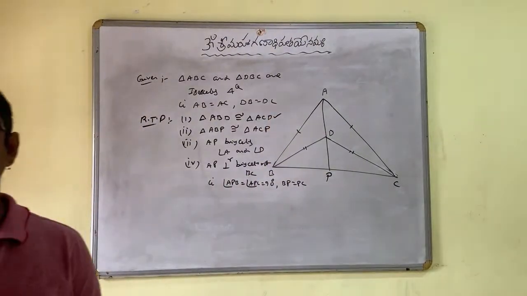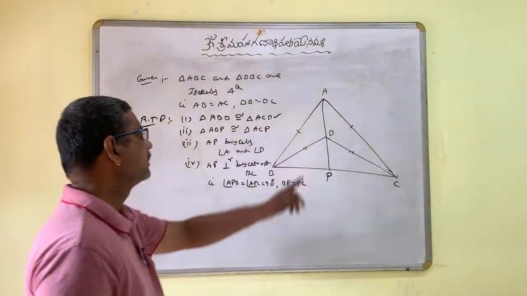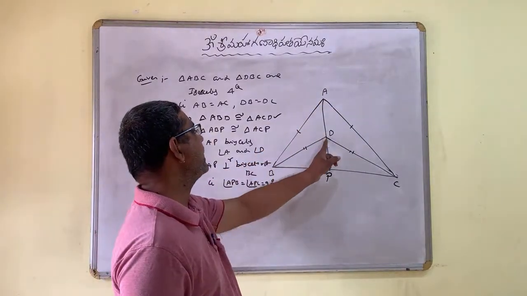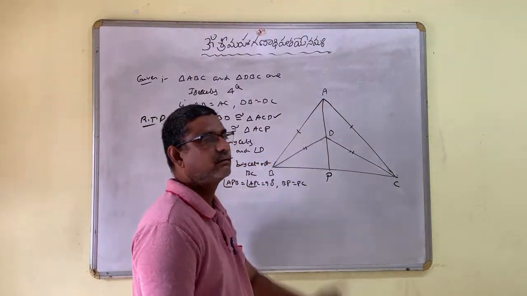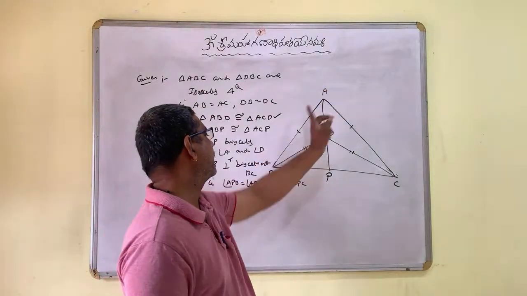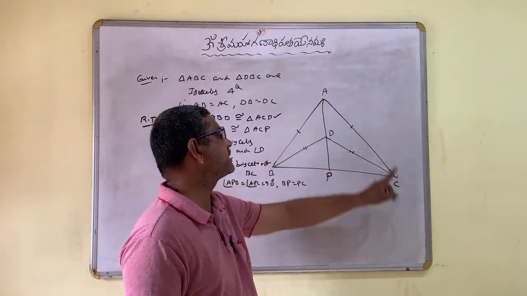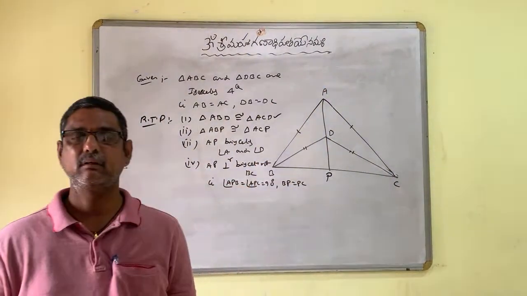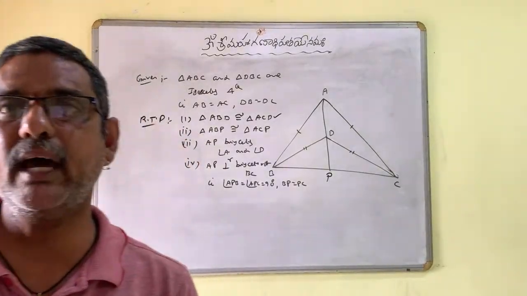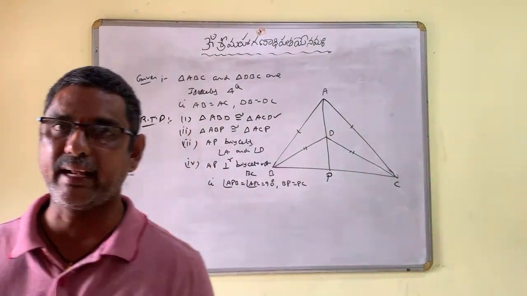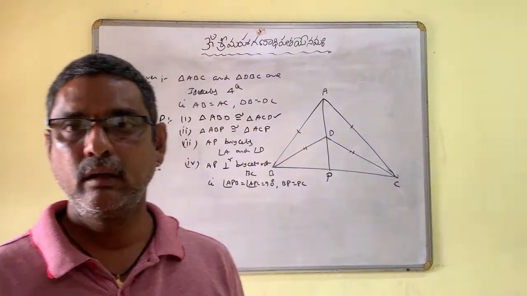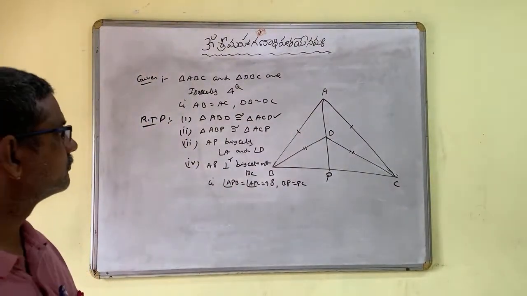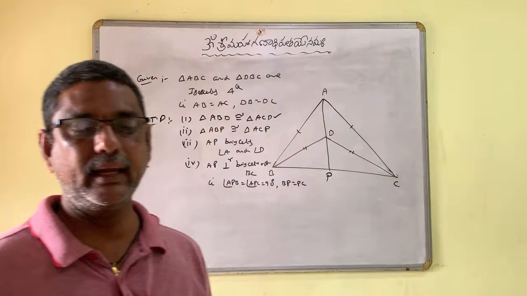First one, triangle ABD, ACD. Are they congruent? If they are congruent, what is the congruency criteria? Anyone? Triangle ABD, triangle ACD.